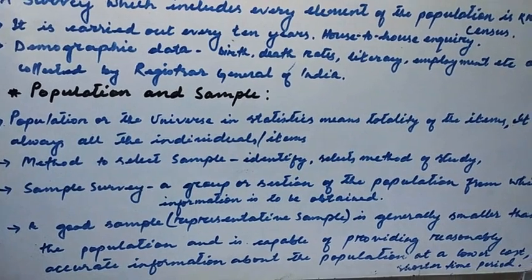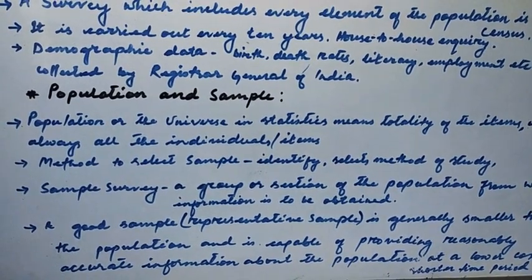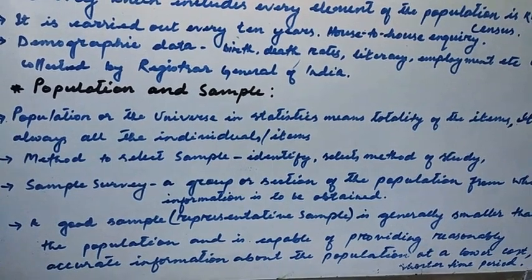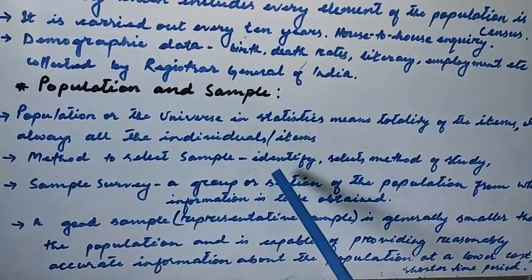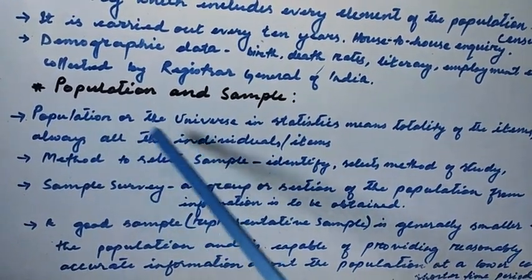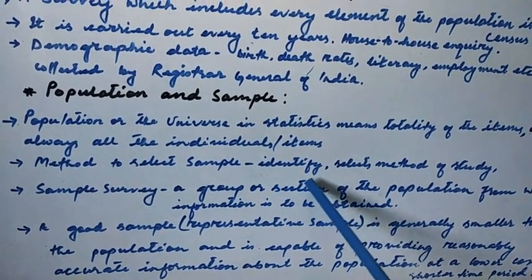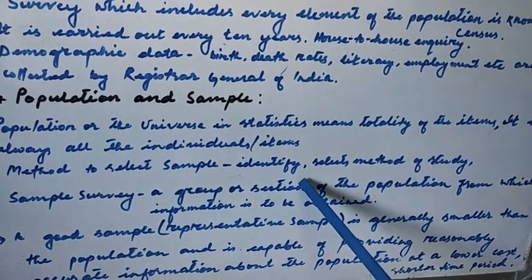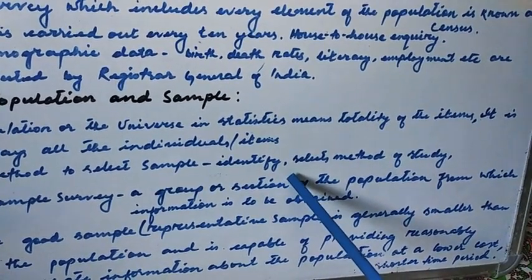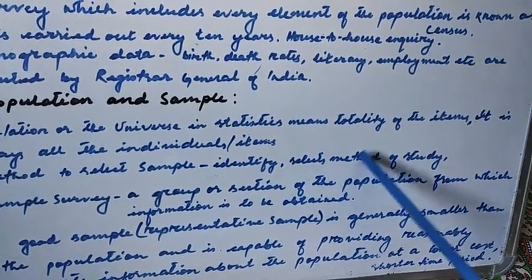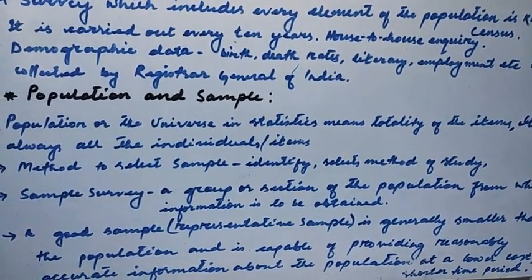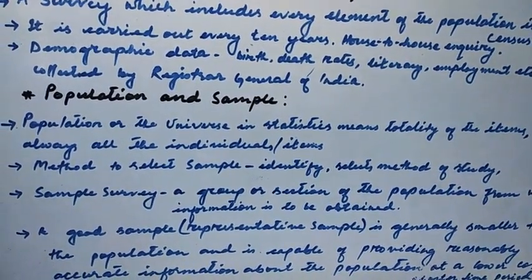When we have to select a sample, what are the methods to be followed? First, to select a sample, you need to identify the population. What sort of population is there? And then after identifying the population, we select the method of study. What are the methods to study that particular population?